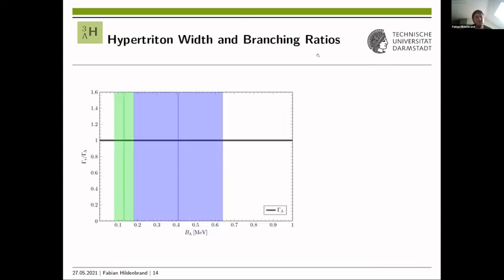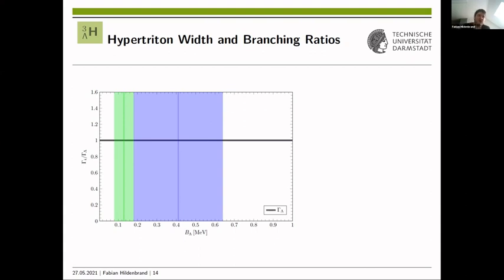And now I want to show you our main result, which is the hypertriton width and branching ratios. This is a more complicated plot, so to speak, and I want to talk you through it. It's all in ratios of the free lambda lifetime or free lambda width.